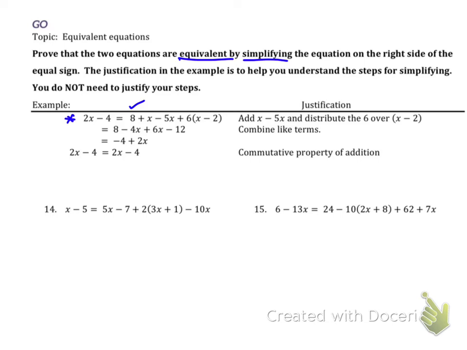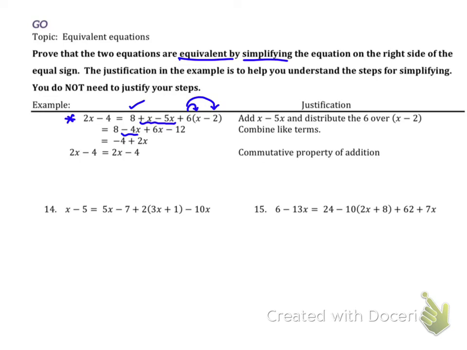So what you need to do, you need to do the different operations. So 6 times x minus 2, you need to distribute it. So that's going to be 8, and then you have to combine the like terms at the same time. 8 minus 5x is negative 4x, and when you distribute, that gets 6x minus 12 here. You see that?